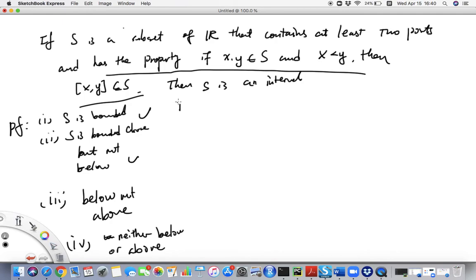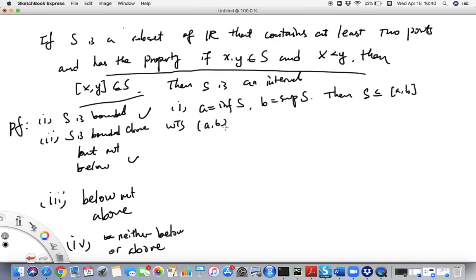So let's prove case 1. Here I'm going to define A to be the infimum of S and B to be the supremum of S. Then by definition of infimum and supremum, we know that S is a subset of [A, B].